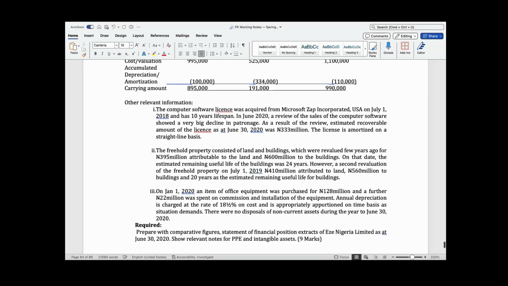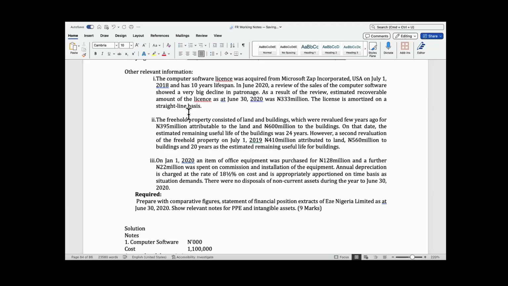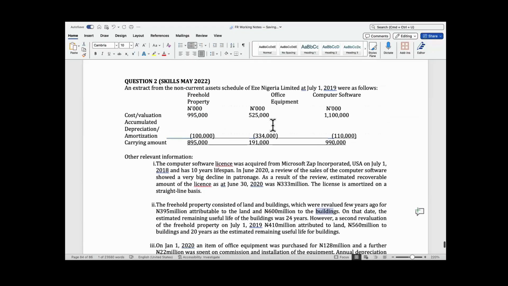So the second one is freehold property. It consists of land and building which were valued few years ago for 395 and 600. 395 for land, 600 for building. I think this 395 plus 600, that is 995. Okay, that's the 995 here.